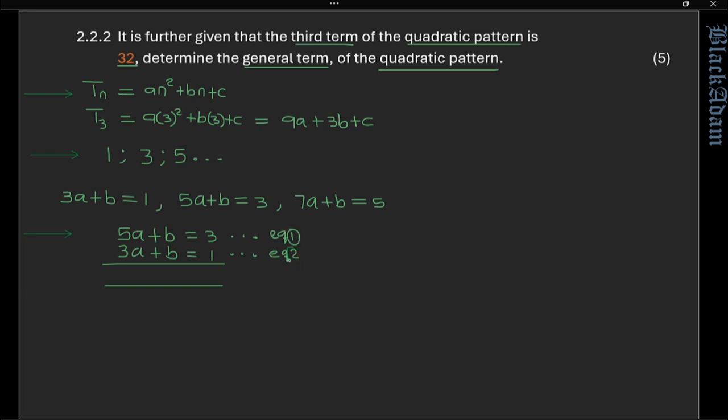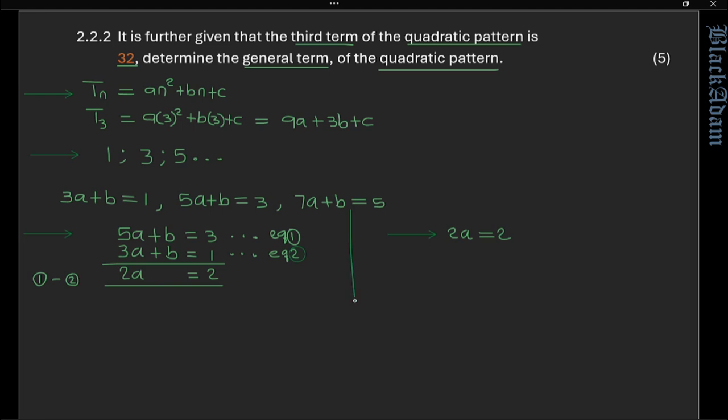Alright, so now let's say equation 1 minus equation 2. So 5a minus 3a is 2a, b minus b is 0, so we don't add 0, so it's going to be equals to 3 minus 1 is 2. Now we have 2a is equals to 2.